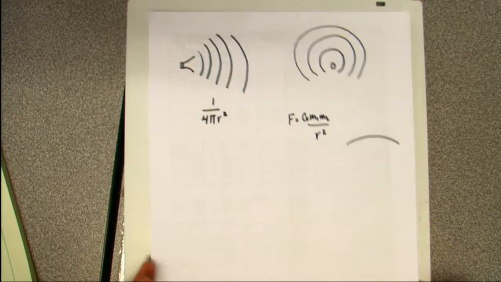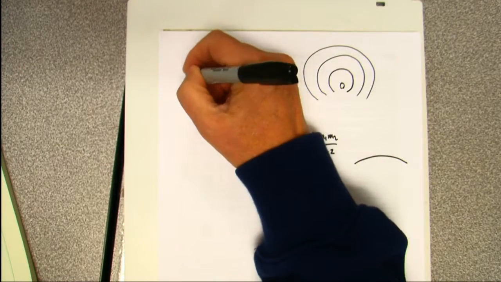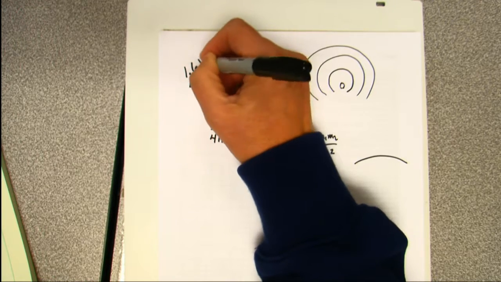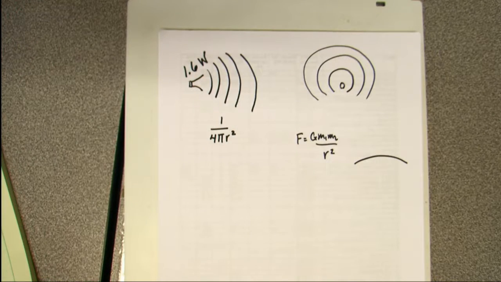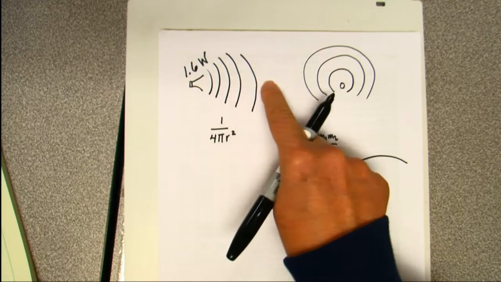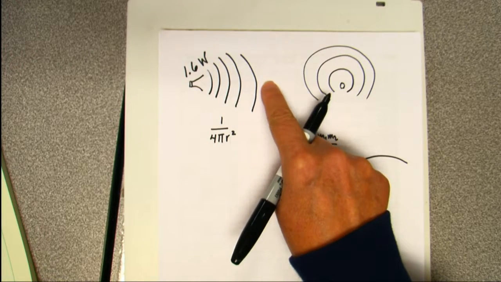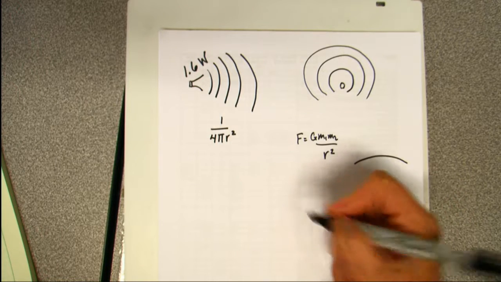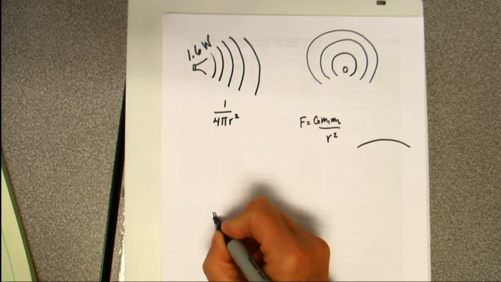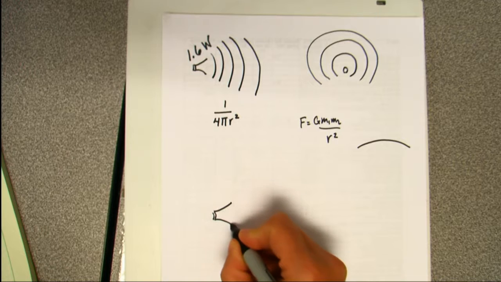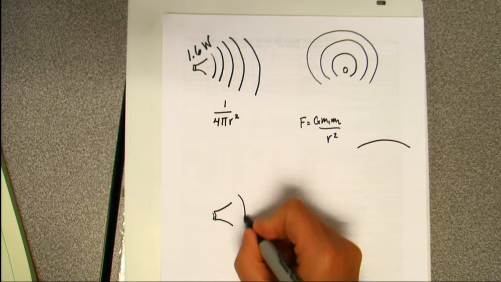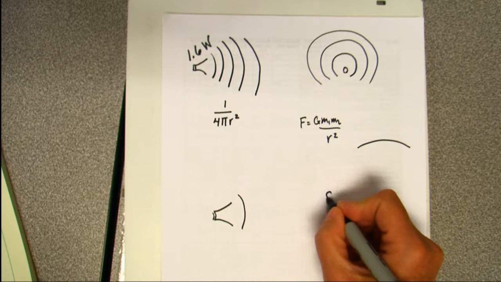We're told that this has, whatever the weather sign gave you, like 1.6 watts at that point. We're told that it's going to decrease as 1 over r squared. Then if I'm looking at my speaker here, I've got my ear over here.